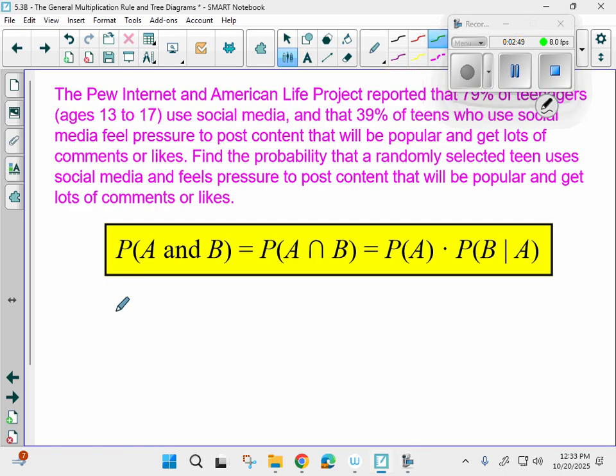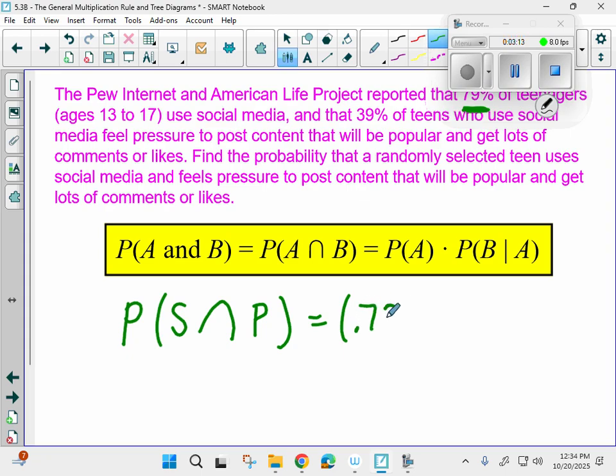All right, so we have the probability that they use social media and that they feel pressure to post content. They're giving us the exact numbers that we need to multiply. The first event is the probability that they post social media, which apparently is 79%.